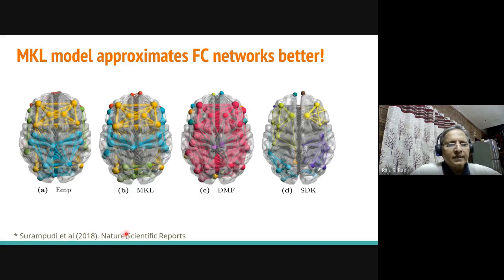This was published in 2018 in Scientific Reports, and we have also done a couple of other investigations looking at aging and so on. But I'll move on to a second model.